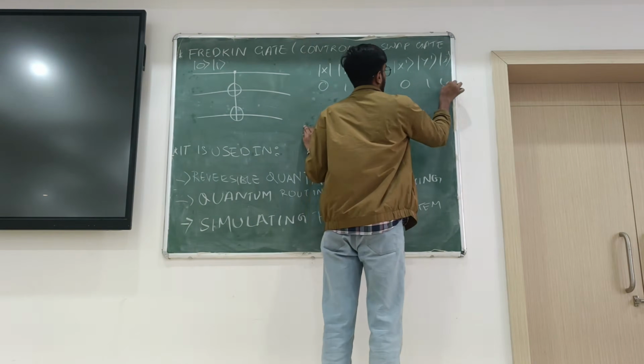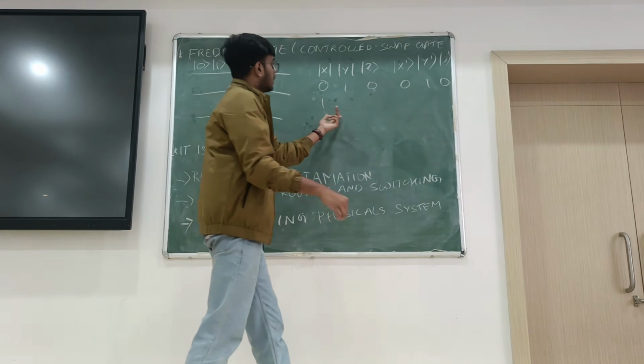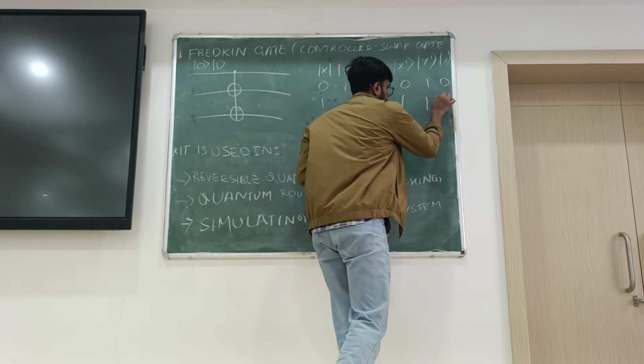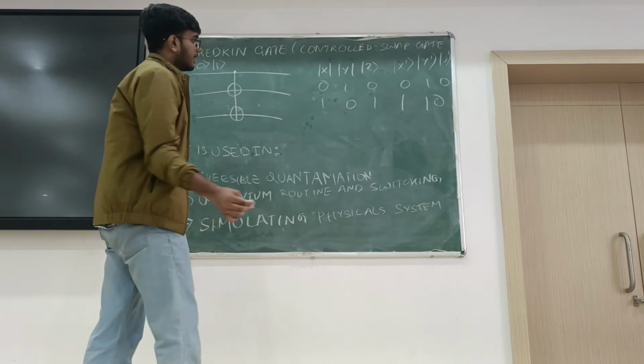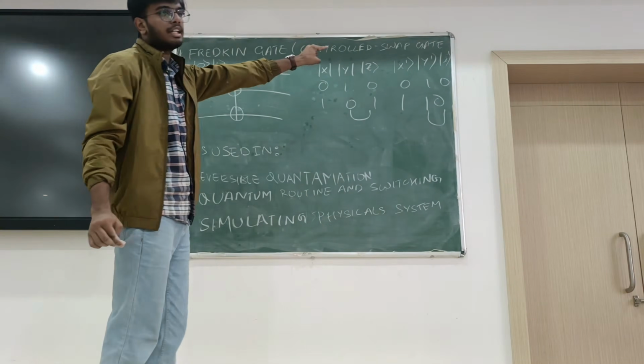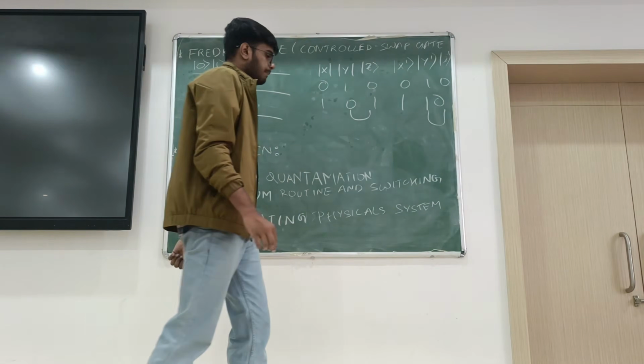It would be 0 1 0. But if we have control bit 1, the inputs in the target bits will be swapped in the output. It will be like this. Can you see the swap here? This is what the Fredkin gate is, and its name defines it: controlled swap gate.